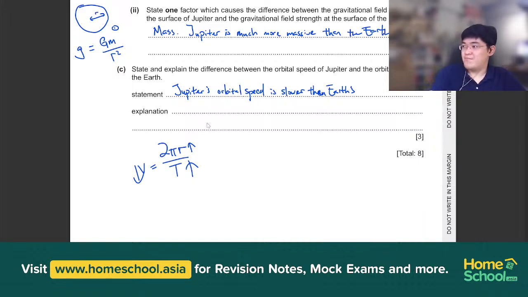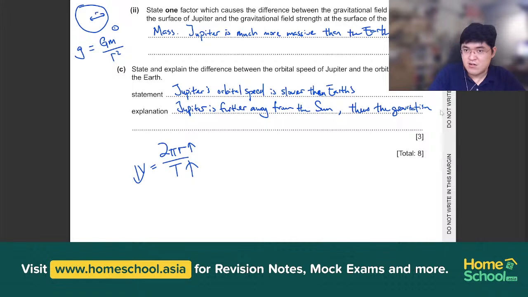Okay, so because Jupiter is further away from the sun, thus the gravitational field strength of the sun is weaker compared to the Earth.